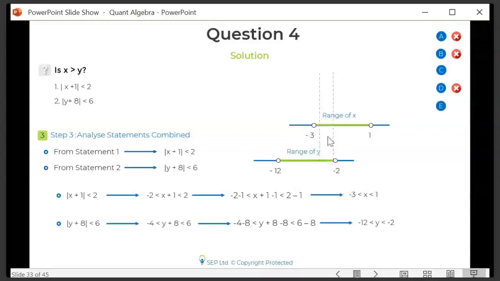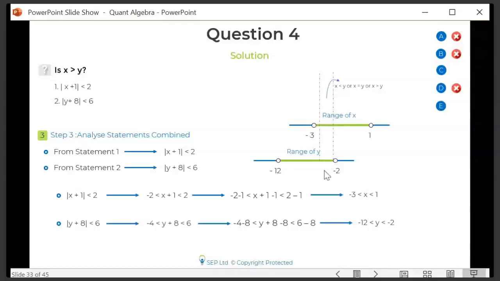Now, in this overlapping region, it's quite possible that either x is less than y, or x is equal to y, or x is greater than y. Anything is possible. So if you marked the answer as C, you are not focusing on the fact that there are some common values because of which all three cases are possible: less than, greater than, or equal to.